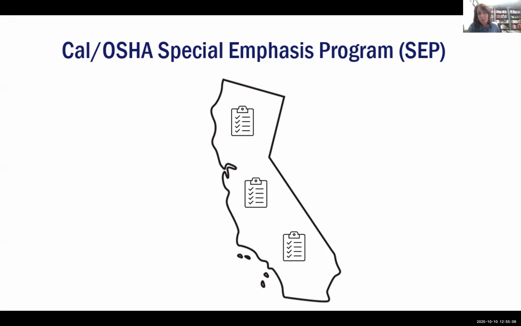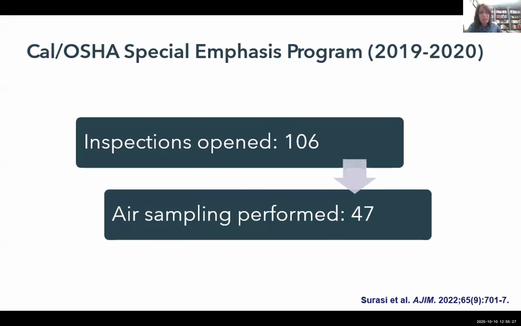But a special emphasis program is a mechanism that allows them to identify an industry that they're concerned about and then basically inspect without a complaint. They set up a special emphasis program in 2019, and they ran that until the pandemic hit. During that time, they opened 106 inspections and they performed air sampling at 47.